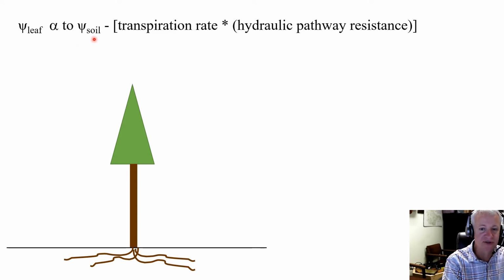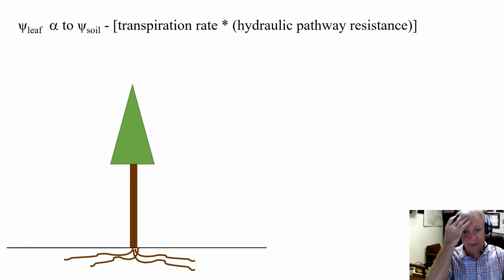It's proportional to soil water potential, so the water potential in the soil, minus transpiration rate times hydraulic pathway resistance. Now, we know what transpiration rate is, and we know what water potential of the leaf and soil is. We've learned about those.